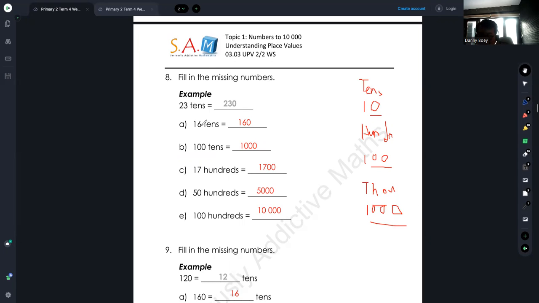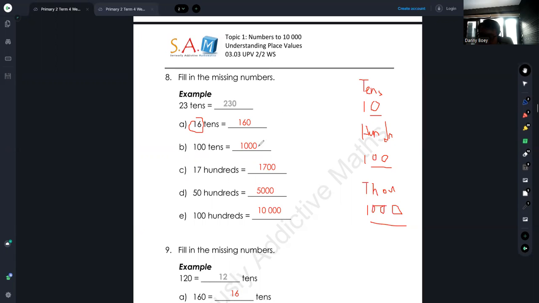So what did it do here? If 16 tenths, so 16 and tenths, how many zeros? 1 zero. So the answer is 160. Get what I'm saying? This is one very easy way to get and remember. 100 tenths, what is 10? 10 is 1 zero.